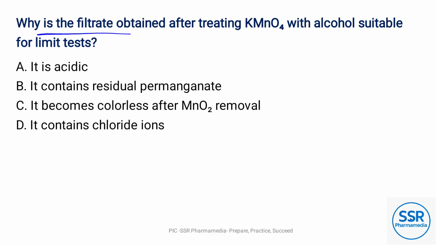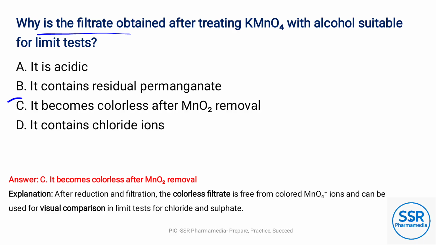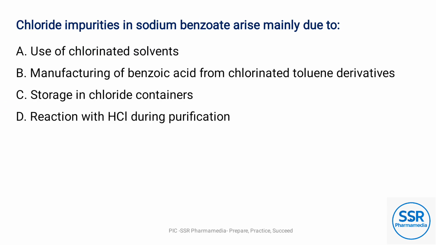Why is the filtrate obtained after treating KMnO4 with alcohol suitable for the limit test? Option C: it becomes colorless after removal of manganese dioxide. Next, chloride impurities in sodium benzoate arise mainly due to?